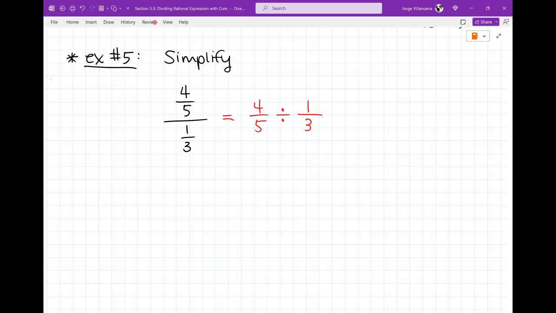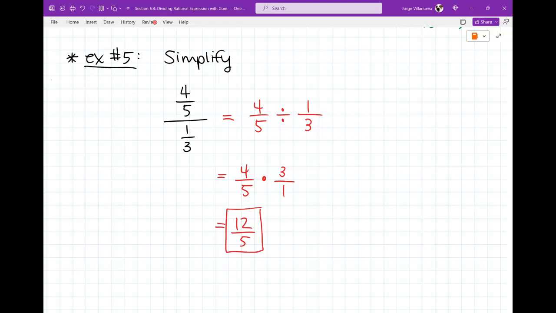Well, look there, I simplified it now. So all I got to do is use the little trick: don't divide fractions, multiply by reciprocals. So 4/5 times 3/1. Just multiply across. I don't have anything in common, so this becomes 12/5. Done.